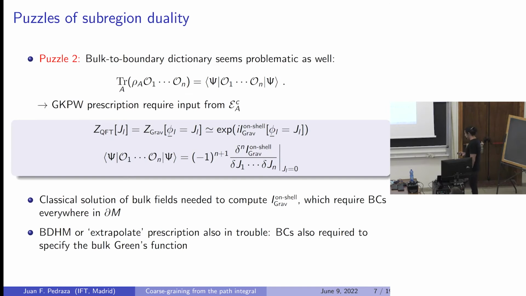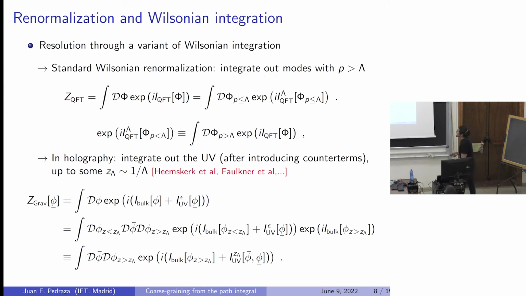Okay, so since the issue here is about integrating out some of the degrees of freedom, we thought, okay, let's start from the equivalence between partition functions and see what we can learn from that. And we reached a possible solution using a variant of what is known as Wilsonian integration.